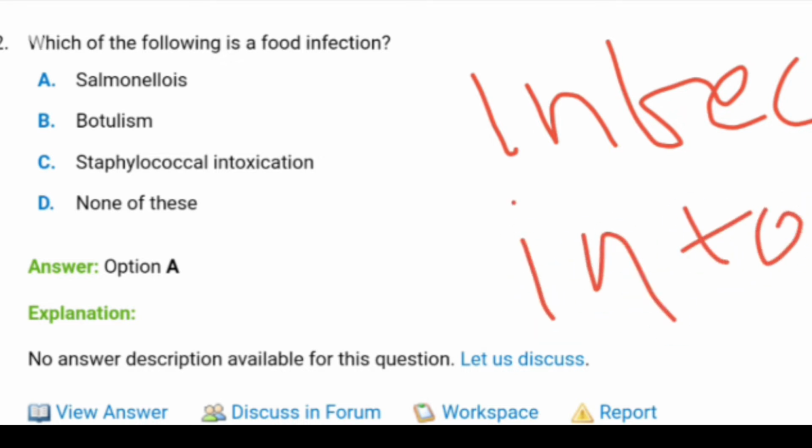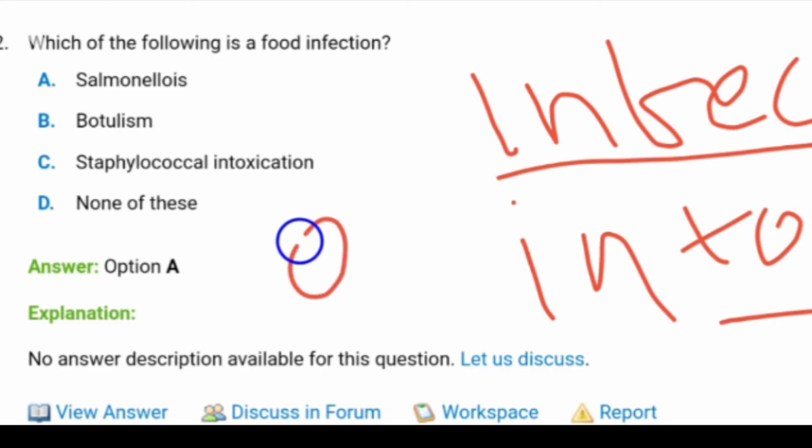Intoxication involves a toxin which causes some disease, but infection involves a whole microorganism which can cause some disease or illness.